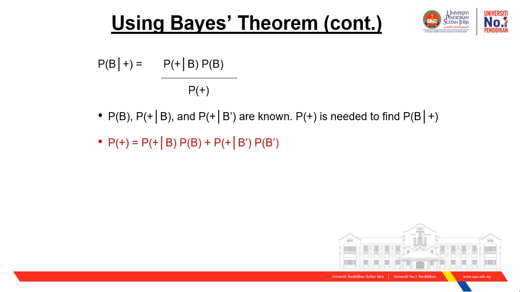Right? So remember the rule of total probability: P(positive) is basically P(positive | B) times P(B) plus P(positive | B prime) times P(B prime).